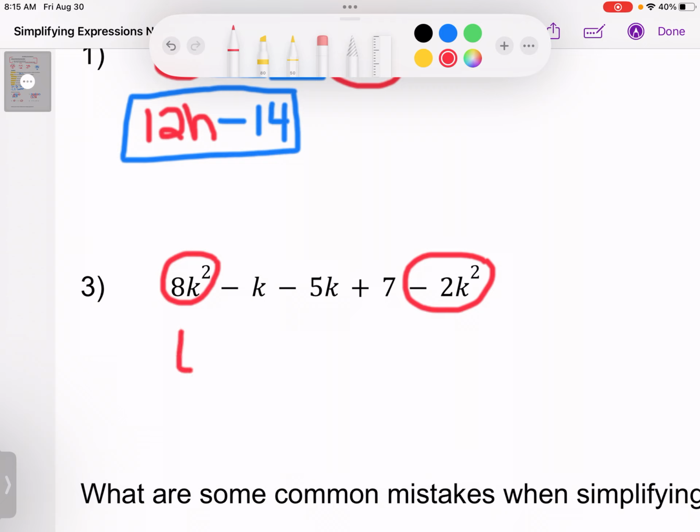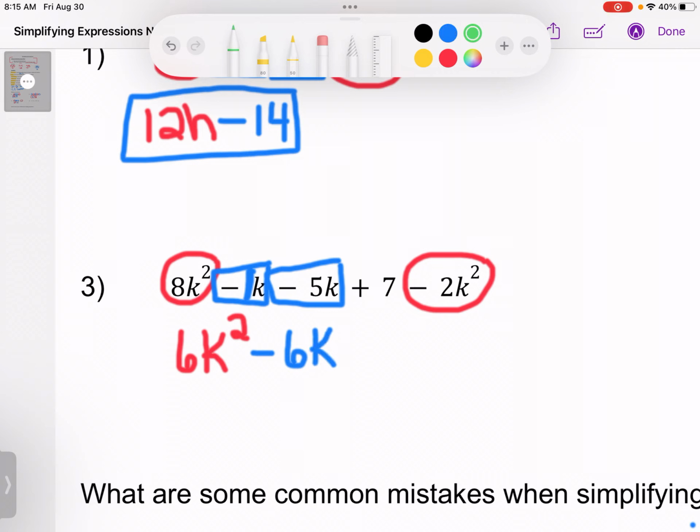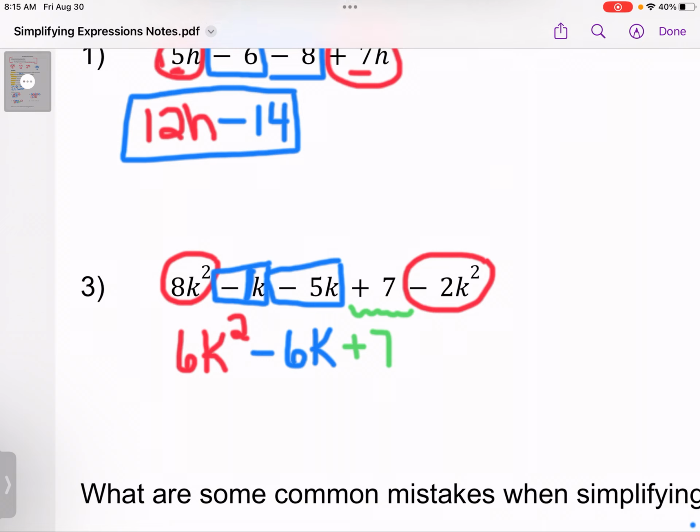So when I put those together, 8 minus 2 is 6, and then the variable part stays exactly the same. Nothing changes about k, nothing changes about the exponent. Then I also have -k minus 5k. Remember, this is an understood -1 right there, so the signs are the same. Add them together and keep the sign. And then lonely old 7, it doesn't have anything to put with it, but we still have to include it, so we just tack it on to the end.